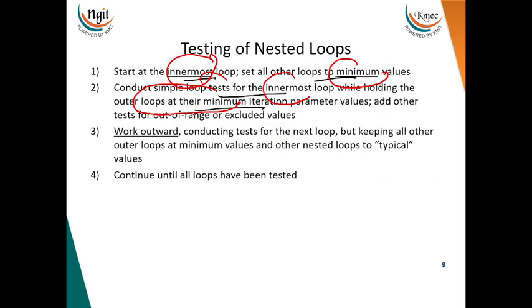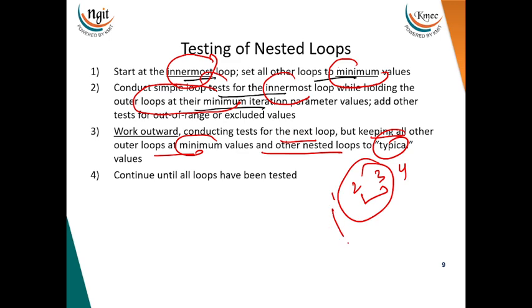Then conduct tests for the next loop, but keeping all outer loops at minimum and nested loops at typical values. If I have got 1, 2, 3, 4, this is a nested loop; once all conditions are satisfied, I'll go for the next one, keeping the minimum value for the outside.